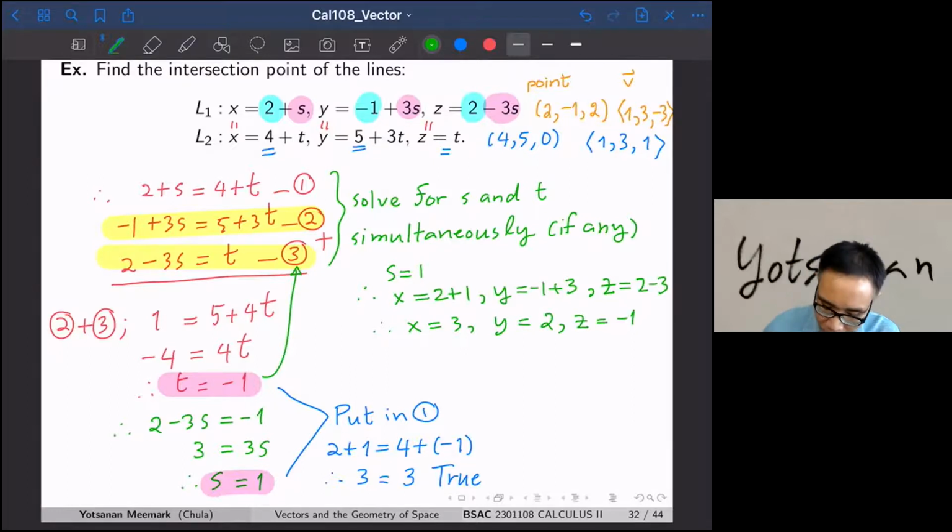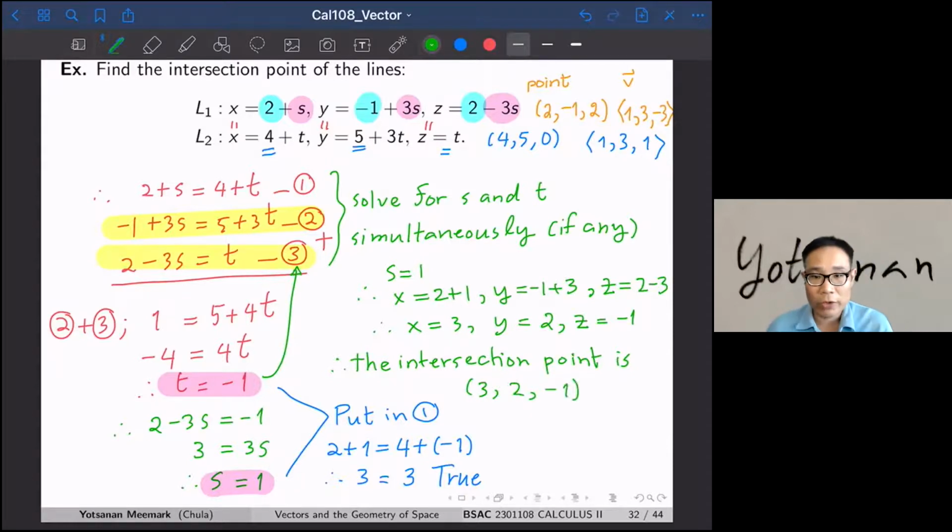So the intersection point is (3, 2, negative 1). If it turns out that you are not able to find the intersection point, it means the lines do not intersect.